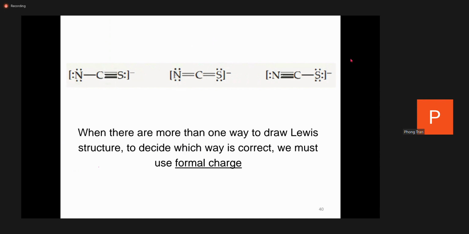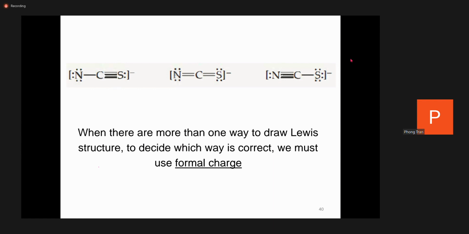Okay? Now, if you have more than one way to draw a Lewis structure, how can we decide which one is correct? If we want to decide which one is correct, we must use the concept of formal charge.